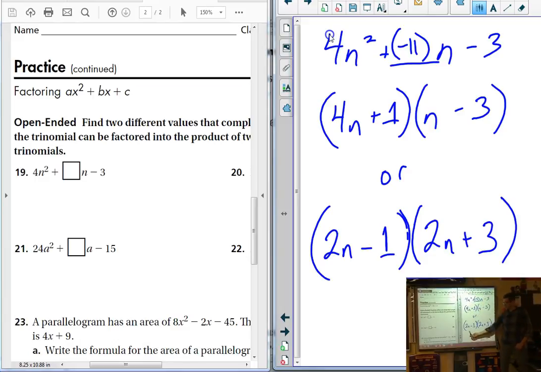Well, this would be 6n minus 2n, that could be 4. If this was positive and this was the negative, then I'd have negative 6 plus 2, so I could have negative 4. Sorry, my orientation's off. So the answers there could be positive 11, negative 11, or positive 4, negative 4.